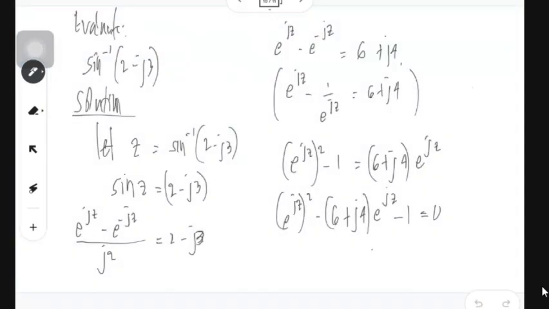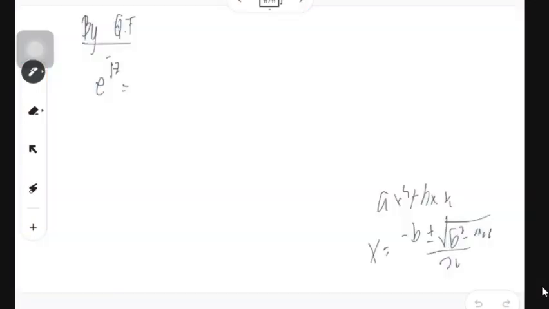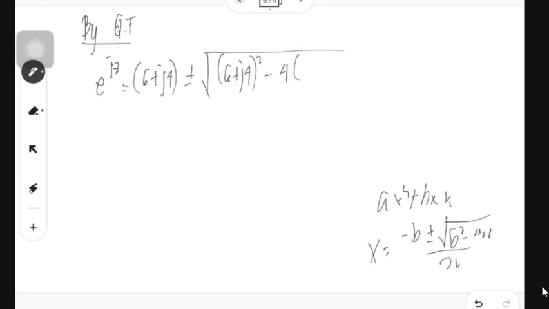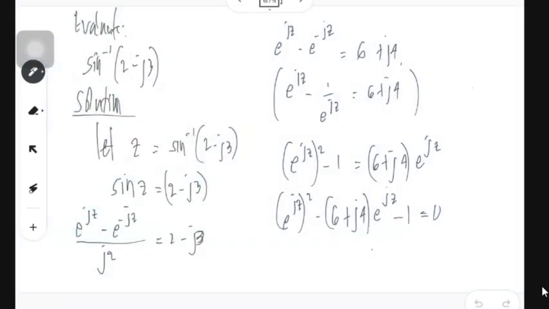So, it's negative b. But b is negative 6 plus j4. Negative, negative, magiging positive. Then, plus or minus square root of the quantity b squared. So, 6 minus 4. Your a is the coefficient of e to the jz squared. That is 1. And your c is negative 1.